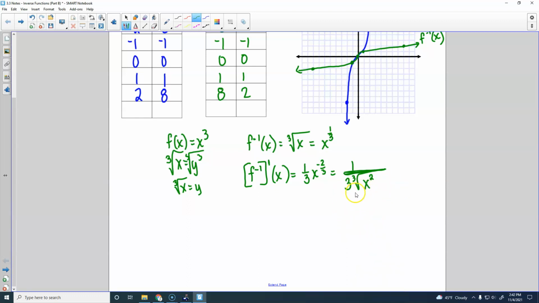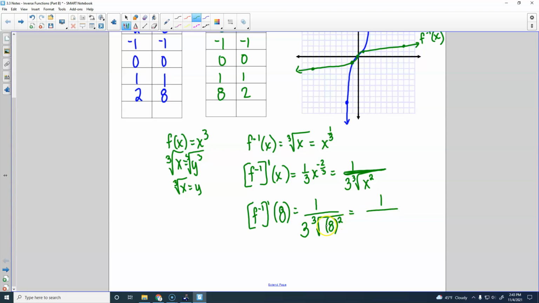So, all right. So this is our inverse function, right? If we want to know the derivative of the inverse at 8, then we're going to have 1/3 times the cube root of 8 squared, which is going to be 1/.